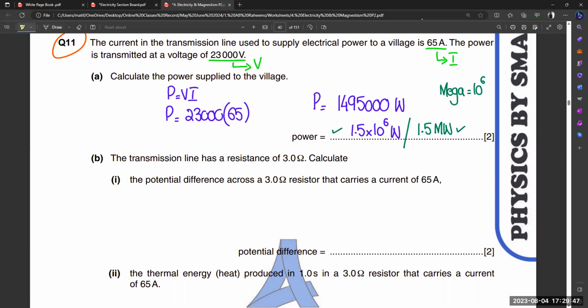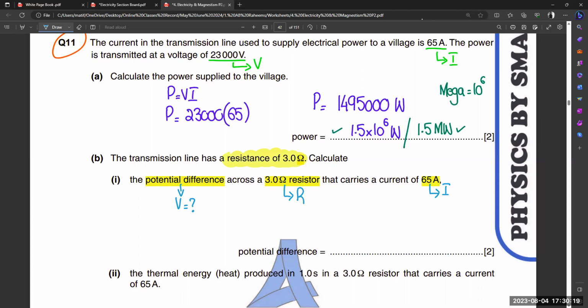Okay, next part: the transmission line has a resistance. So now we have a resistance of 3 ohm. Calculate the potential difference across a 3 ohm resistor that carries a current of 65 ampere. So we need to calculate the potential difference. It means V is unknown, we need to find the value of V. The value of resistance is 3 ohms and the value of electric current is 65 ampere.